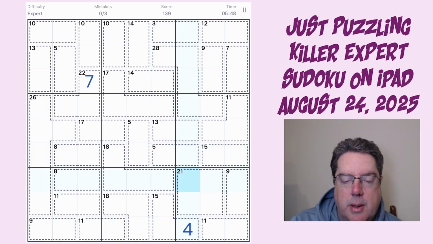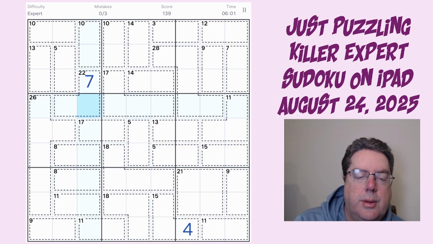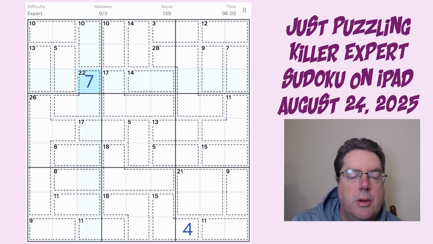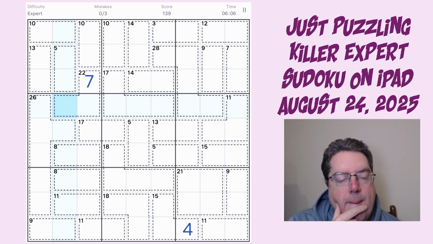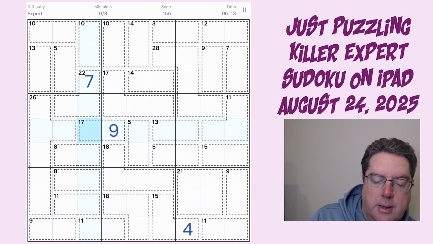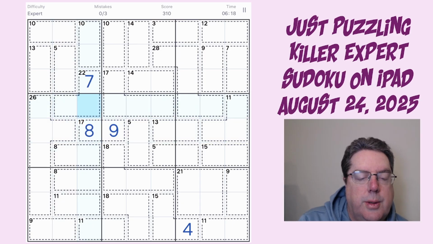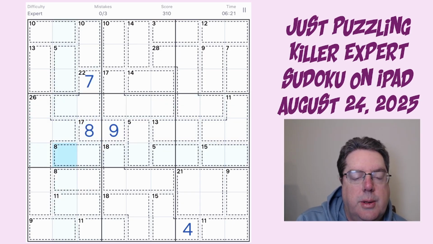Because 4 can't be in this one, so 4 is there. 9 and 6 is here, because that's the only numbers that round up to 15, because the 7 and 8 would be gone. 9 and 6, so if that's 9 and 6, this is a 9, this is an 8. So 9 and 6, this can be 7 and 1, or 3 and 5.